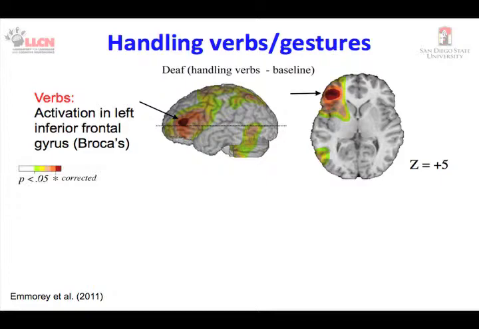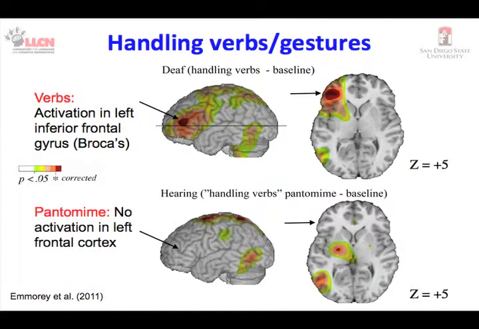What about the hearing guys producing these? They're producing them as gestures. Now we don't see Broca's activation for the hearing people who are producing pantomimes. We see this, again, this superior parietal activation, and it looks just like the activation that I showed you in the previous slide. Okay?